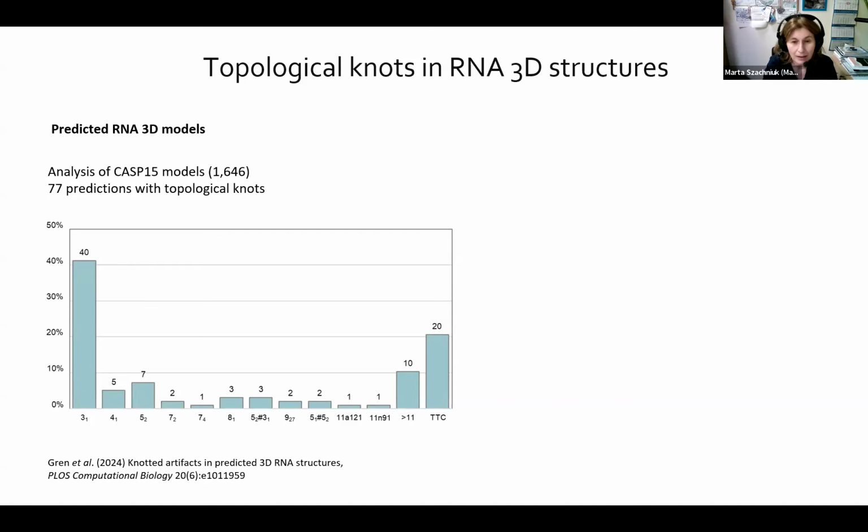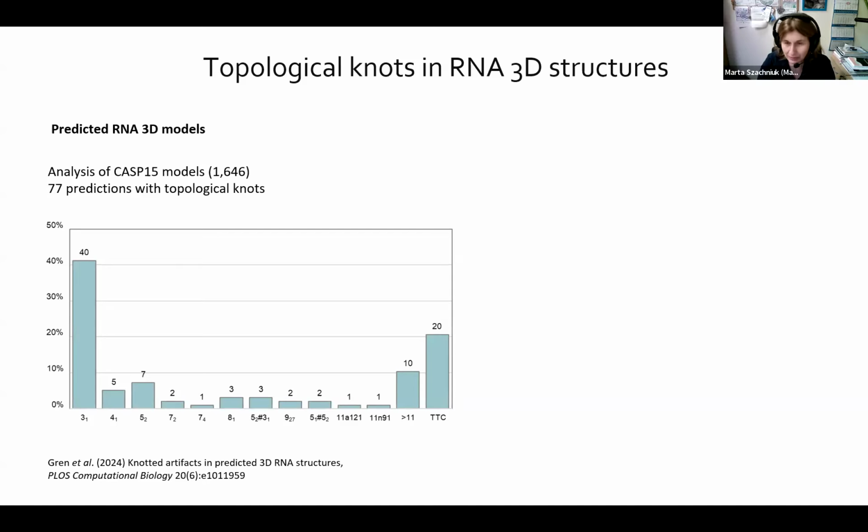Some knots, like around 20% of structures, included such complicated knots that we could not classify them. So the algorithm that we used for detecting and classifying knots detected them, but the knots were so complex that it could not finish classifying them.